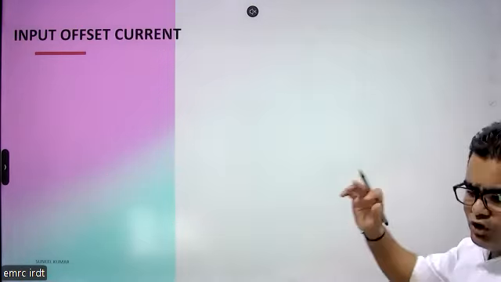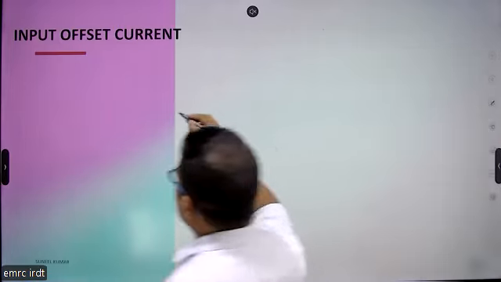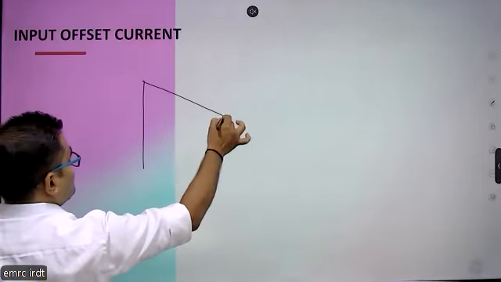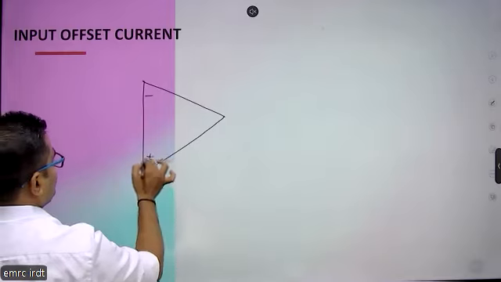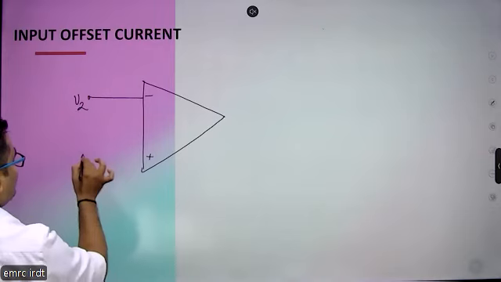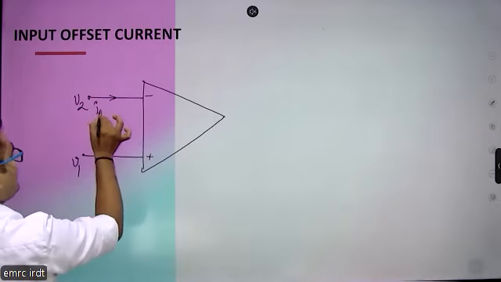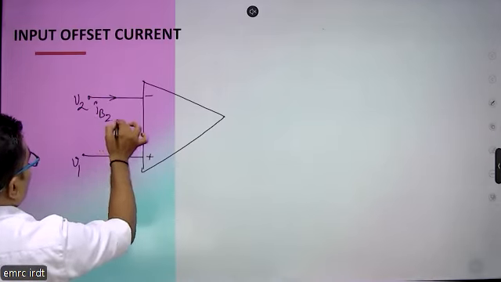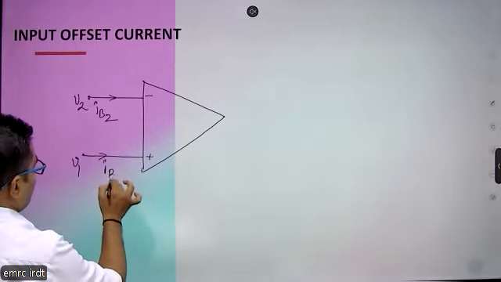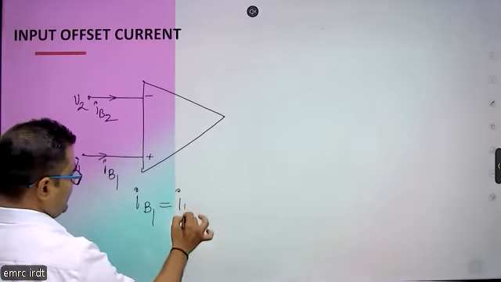Similarly, we also have input offset current. There should be equal currents in both of the circuits. This is V2, the inverting terminal. This one is V1, the non-inverting terminal. This is the base current flowing in the inverting terminal, IB2. Here we have IB1. These two currents must be equal: IB1 should be equal to IB2.